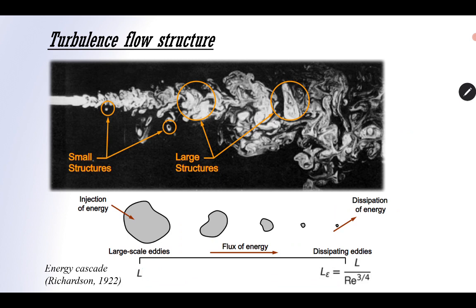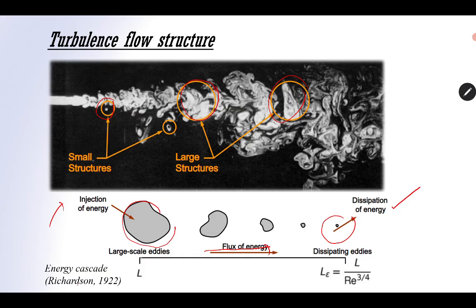This is the turbulent flow structure. As I mentioned, we have some small structures, or maybe large structures like this. It all starts with the injection of energy at the large scale, which we call the large-scale eddy, and then there is a flux of energy from one point to another. At the end, we have the very small eddies and dissipation of energy. This is the figure of the energy cascade by Richardson in 1922.